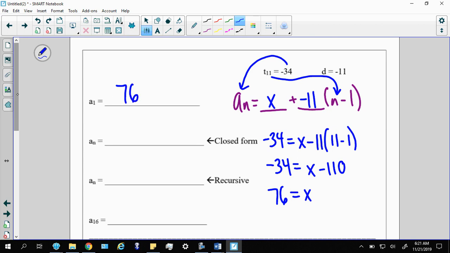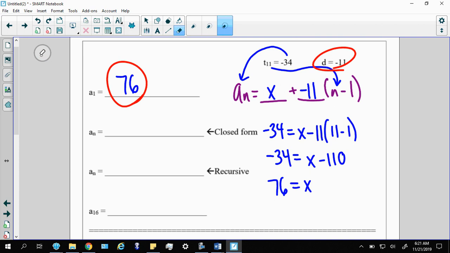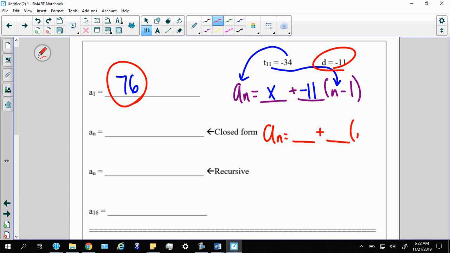Now, I know my first term, and I'll just circle it so you can see it. Now that I know my first term and my common difference, I can just do the closed form formula. And again, guys, space is an issue on this worksheet. I'm going to have to erase here. So if you're watching the video, you might have to pause it and write stuff down. So a of n is equal to something plus something times n minus 1.